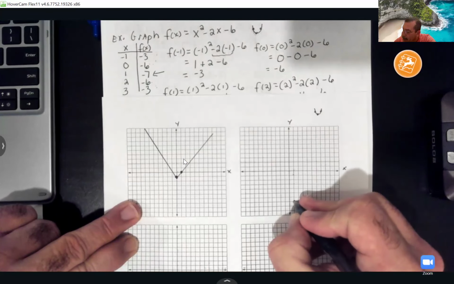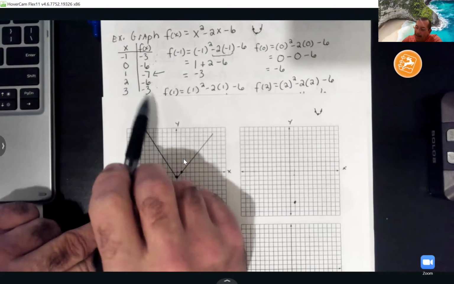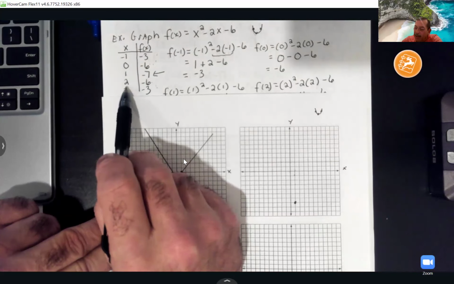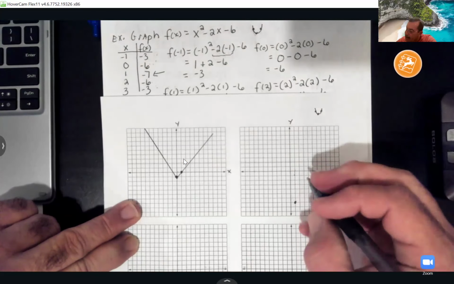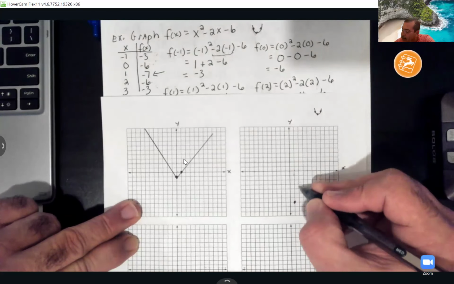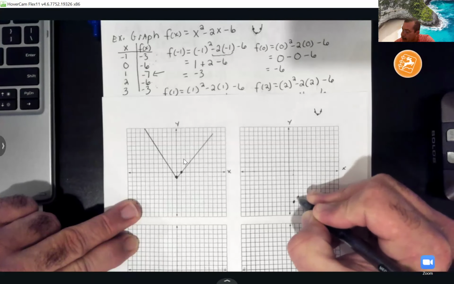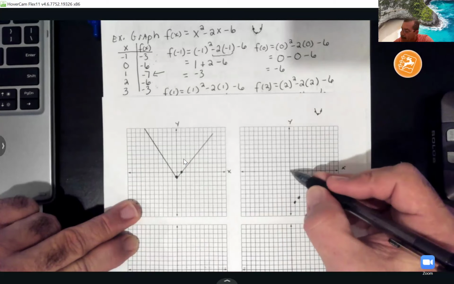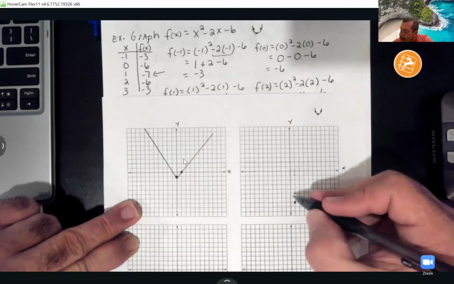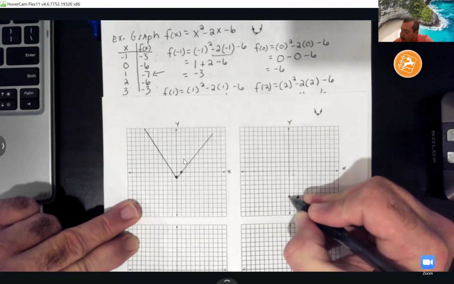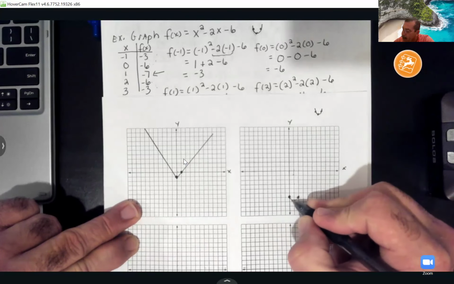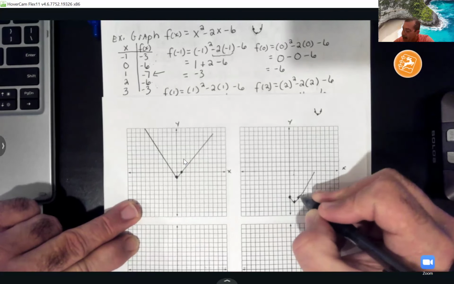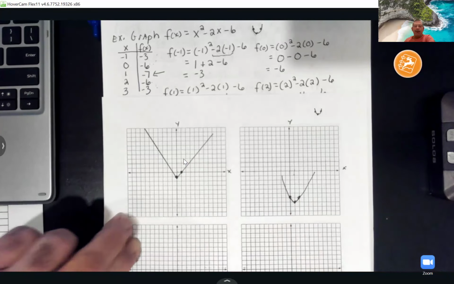That puts me right here. And then I would probably do one close to it on either side. So 2, -6 will be over 2, down 6. And then 0, -6 will be on this side. Go down 6. And at that point, MathLab will come in and draw our parabola.